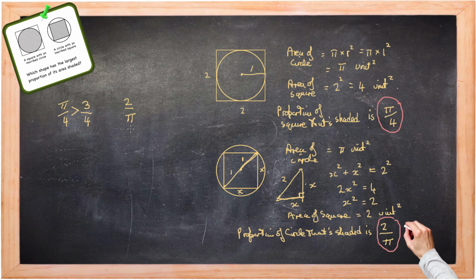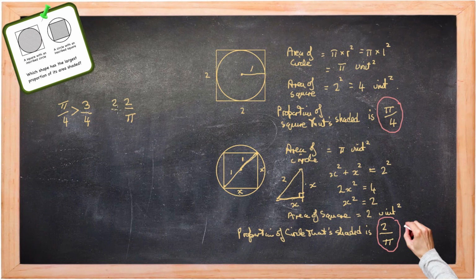Now similarly, what happens here if we look at pi, 3 point something, if we make that smaller, what happens to this fraction? 2/3, 2 over 2 is 1. 2 over 1 is 2. The fraction values are getting bigger. So if we make this smaller, the value of the fraction is larger.